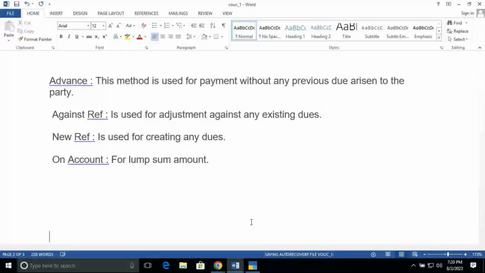The sentence says this method is used for payment, we are making payment of 5 lakhs without any previous due arisen to the party. Because he has not delivered, there is no previous due. Only now, without items being delivered, we are giving the upfront money. That's why it is called advance reference.